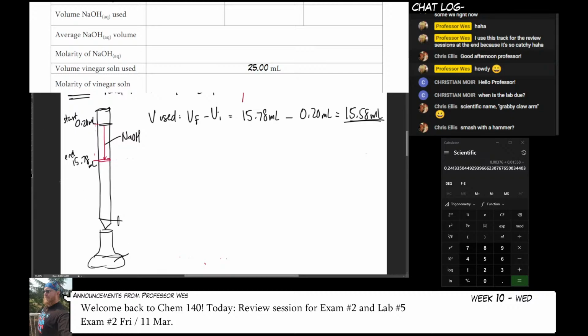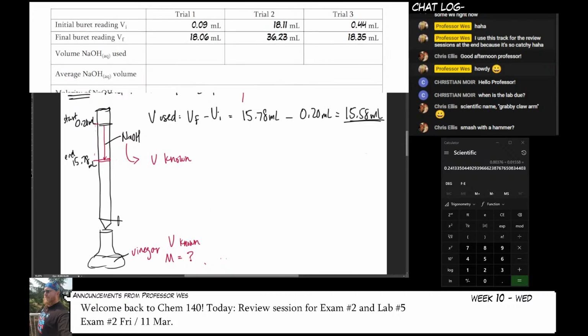All right, so for part 2 of part B, you know this information. We know what volume is used, that's 25 milliliters, but we don't know the molarity of it. We've diluted it, but we don't know if we've got it exactly right, so we're going to try and predict that. You do, however, know the volume of the sodium hydroxide because that's in the data table right here.